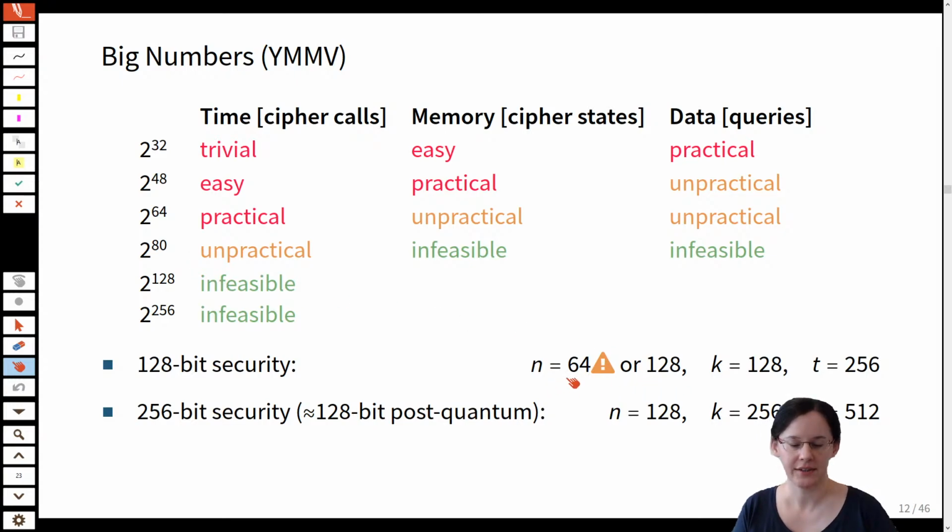For the block size, actually, we can consider different block sizes, and they may all work. However, if we have smaller block sizes, then this means that I have a higher danger of collision. So some other attack that is not key guessing may become the critical factor. And for hash functions, due to the birthday paradox, it means that we need at least twice the security level as a hash output size.